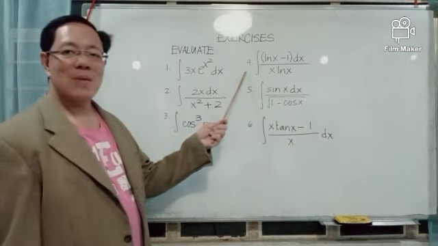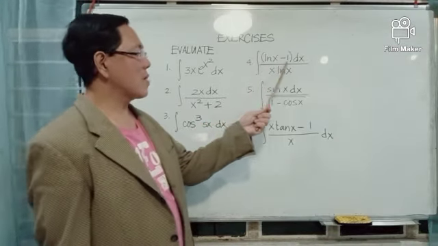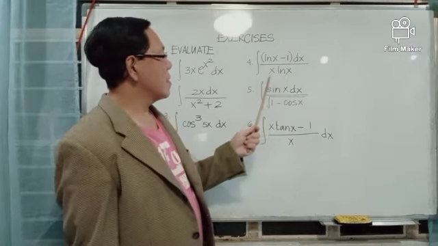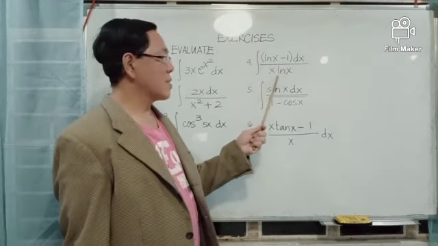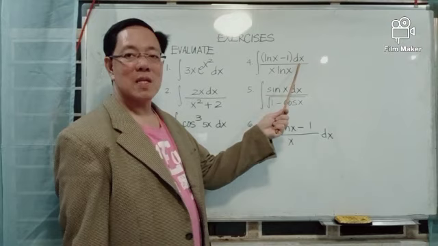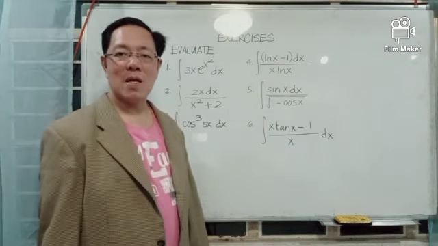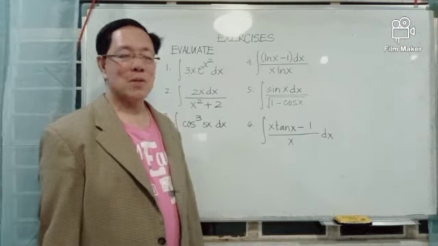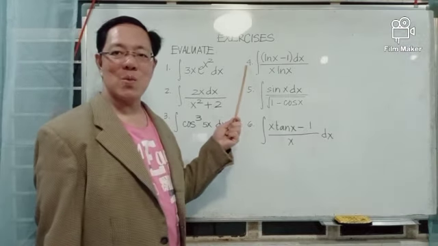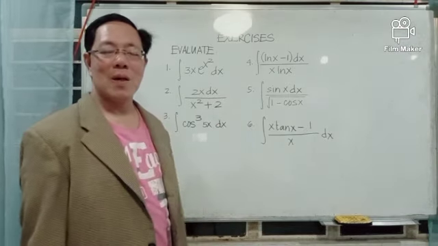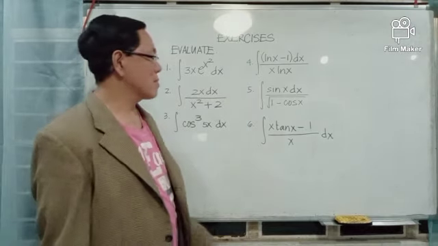In number 4, we have the integral of (ln x minus 1) all over x times ln x. We integrate with respect to x. In number 4, you have to use a substitution to transform this integral into one that can be integrated using one of the integration rules.